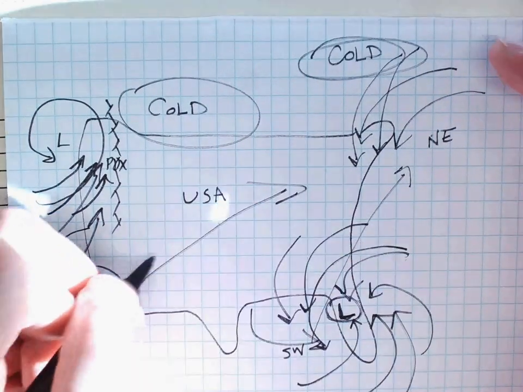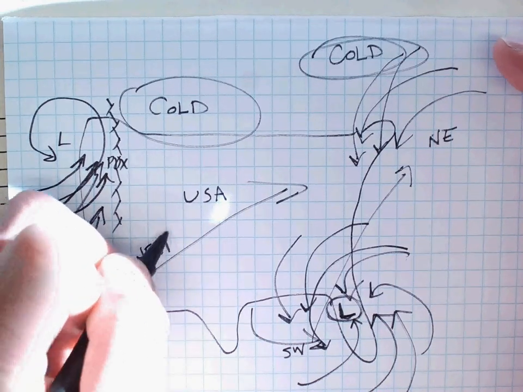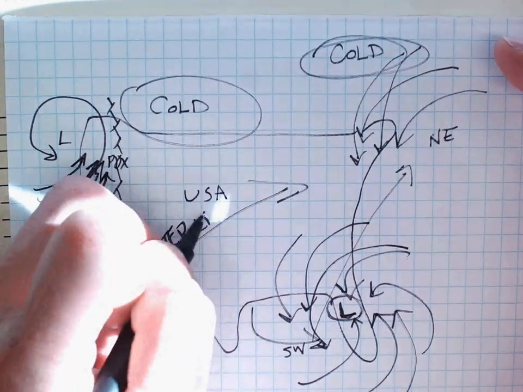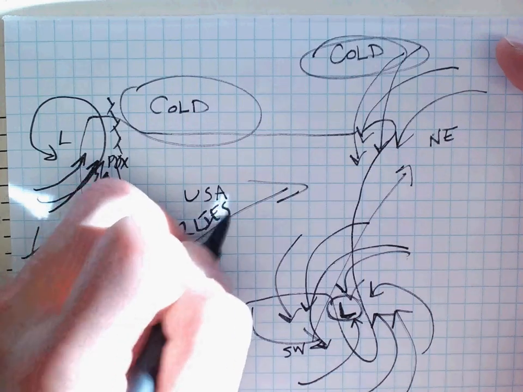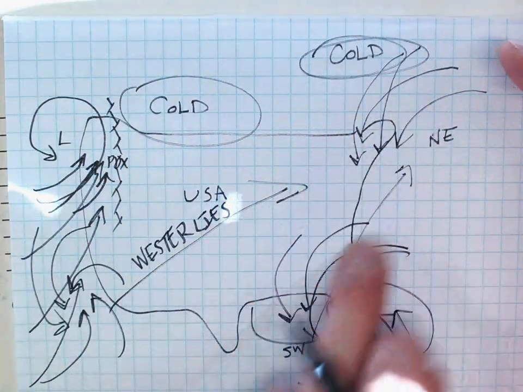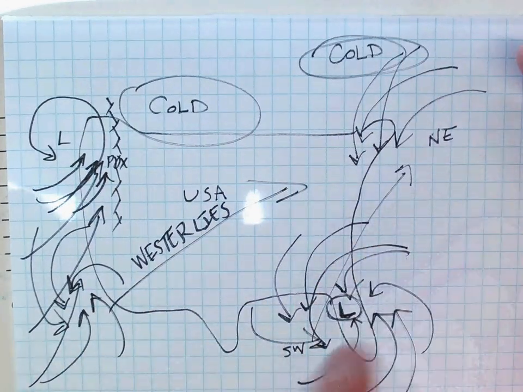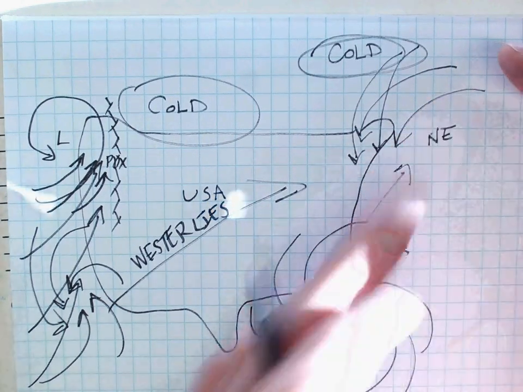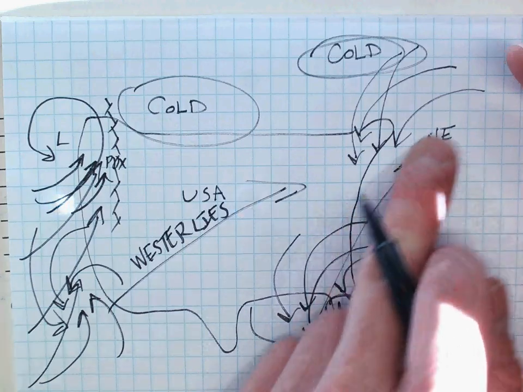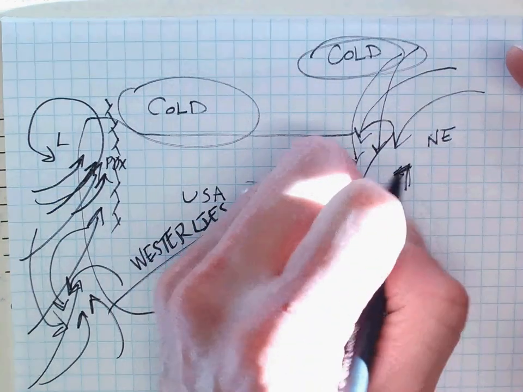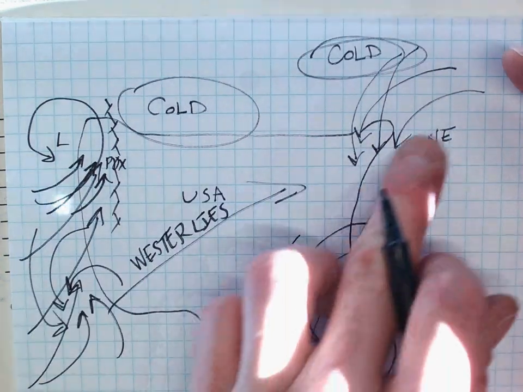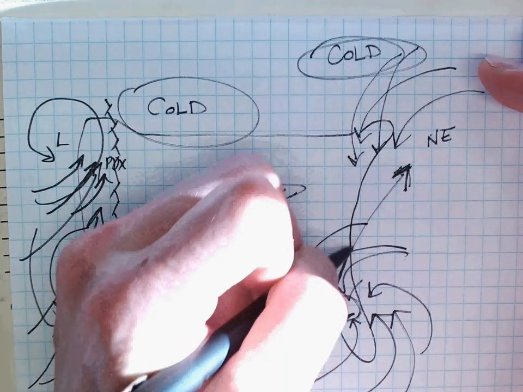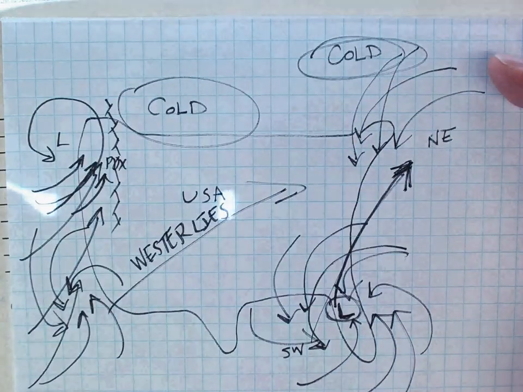So the westerlies move up and across the U.S., and so storms that form down here get pushed up and across the U.S. in a southwest and northeast movement from the west to the east because of the westerlies. So this storm ends up moving in this direction.